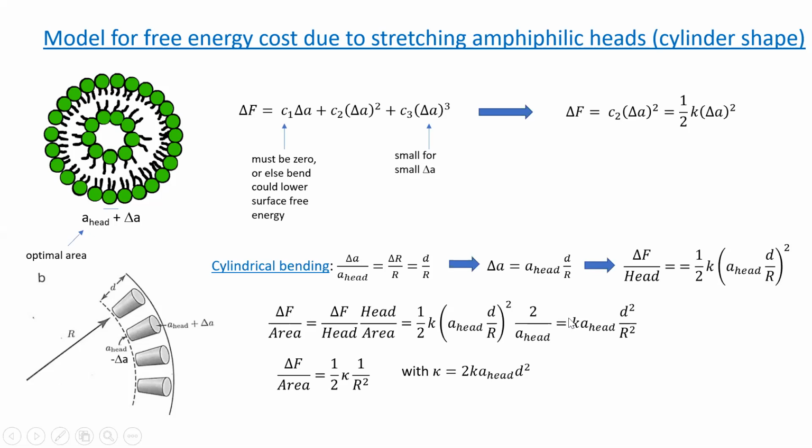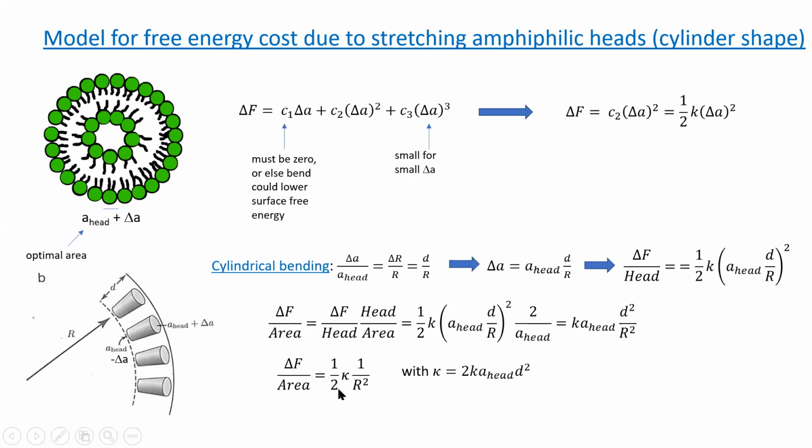And with kappa defined in this way, the change in free energy per area is 1/2 kappa times 1 over R squared. Okay, so you can convince yourself of that. If you plug in kappa, the twos cancel. We just get K A head D squared over R squared like we had up here before.